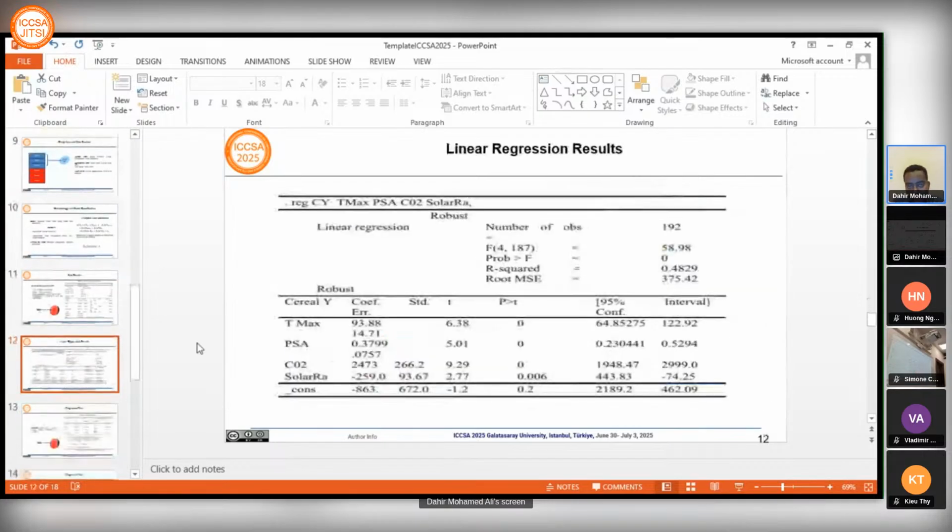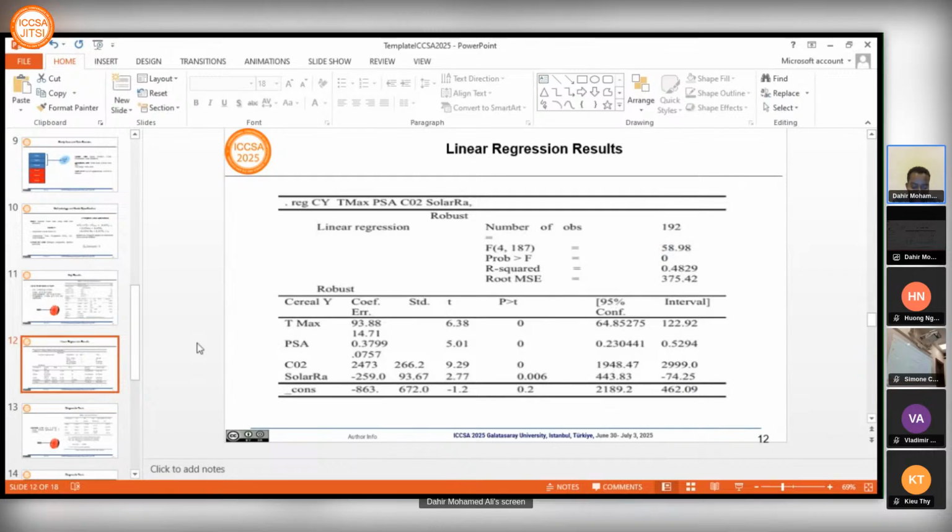On the other side, we test the linear regression result. This model, based on 192 observations, explains nearly 48% of the variation in cereal productivity. R squared shows that it's strong and overall significant.